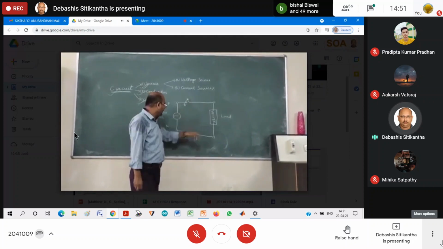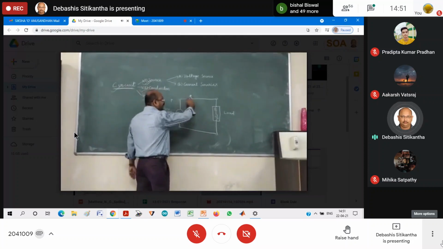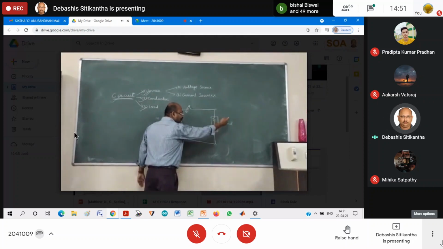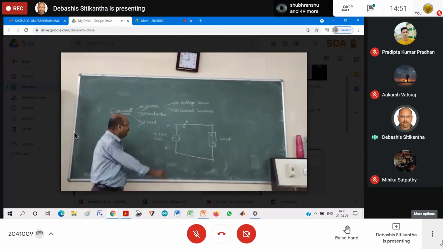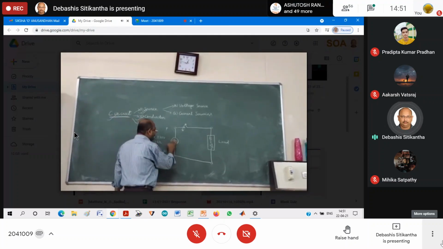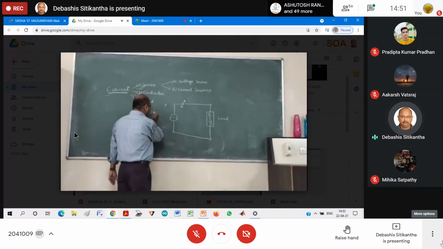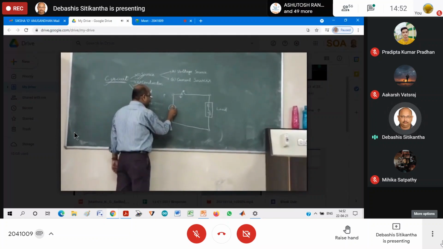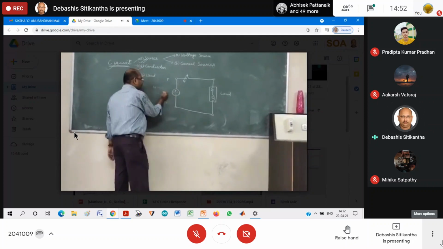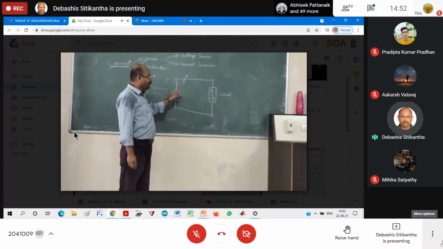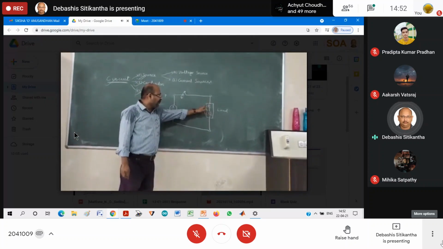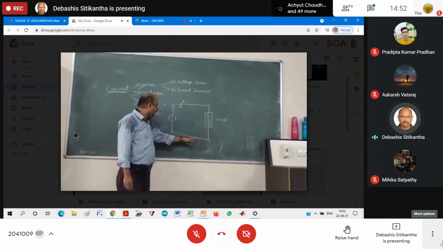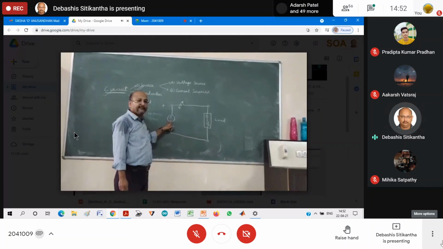It will circulate, it will start from this terminal, move through the load, do the needful work, and return back to the source. If I replace this AC source by means of a DC source, then also the same thing is going to be applicable. That means from the positive terminal, the current will start flowing, it will pass through the load and will again terminate at the negative terminal.